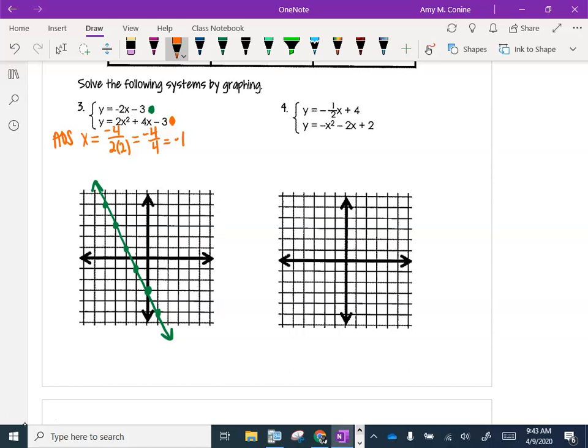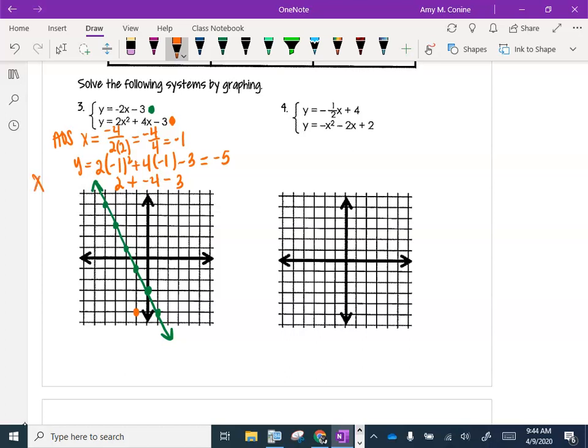And then when I plug that number in to get my y value, because this gives us our vertex, the -1 squared plus 4 times -1 minus 3. So this should be +1, -4 minus 3 means our y value should be -5. So that's where my vertex is. So -1, 1, 2, 3, 4, 5.